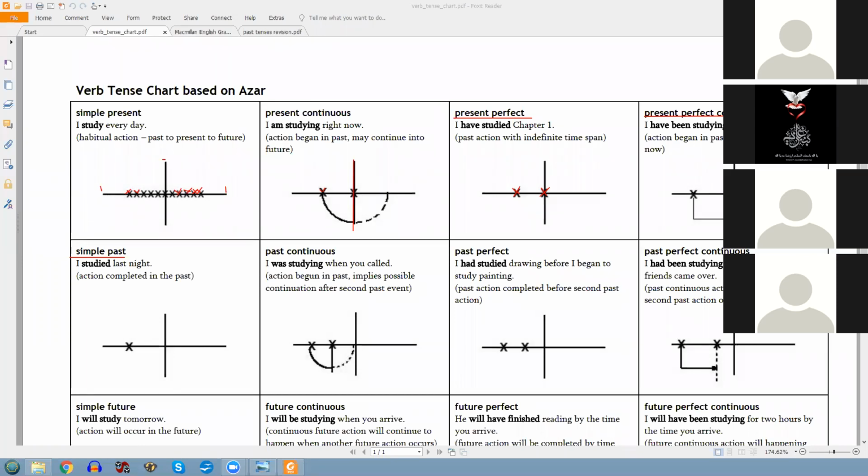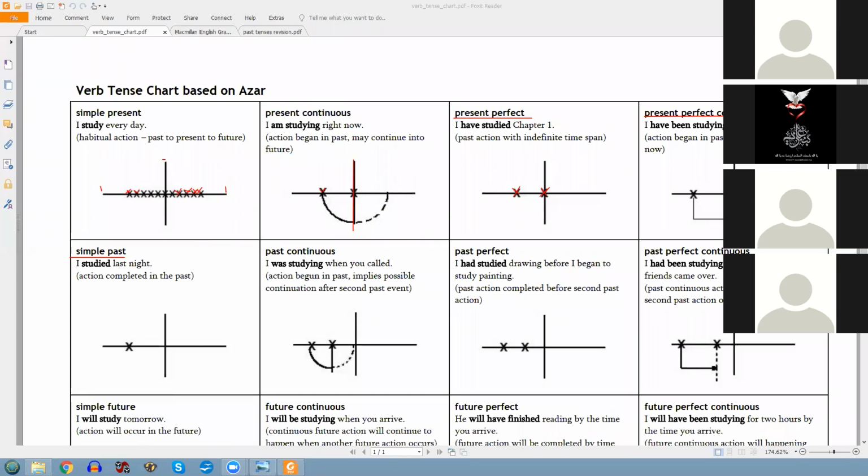Now we usually use the words for and since. So I've been living here for 2 years. I use this to emphasize the amount of time. So I started 2 years ago. It continues up to now. And importantly, we expect it to continue into the future.